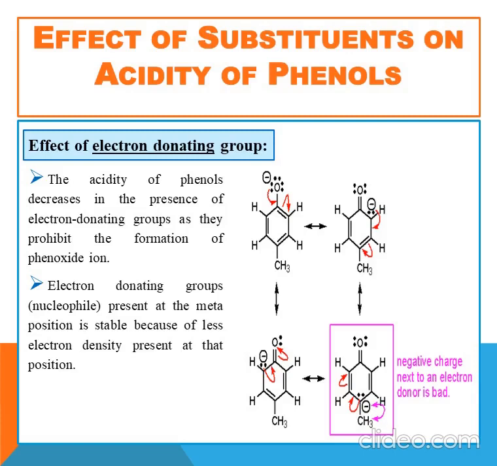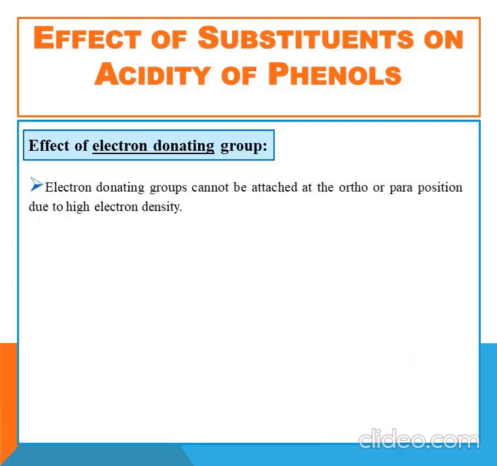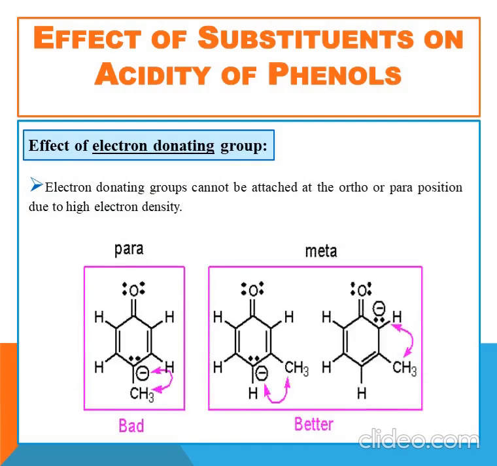Once there is repulsion, the structure becomes unstable. So this is not possible. Understood? Electron donating groups cannot be attached at the ortho or para positions due to high electron density. So only the meta position is the better option to attach an electron donating group. Understood?